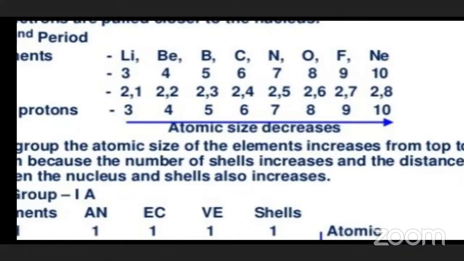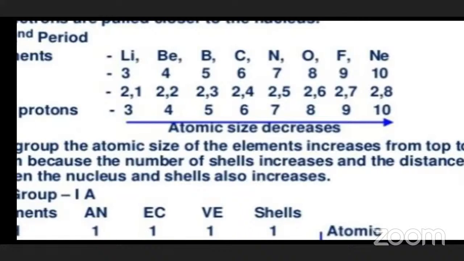Okay, atomic radius also. When shells are pulled towards the nucleus, what will happen? Atomic size, atomic radius also is going to decrease. So because of that reason, atomic radius and ionization potential, these two properties are going to have slight variation, not in the regular manner. It should increase here but decreases, should increase there but decreases.